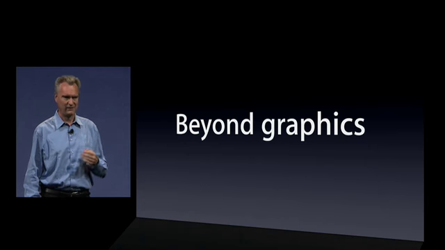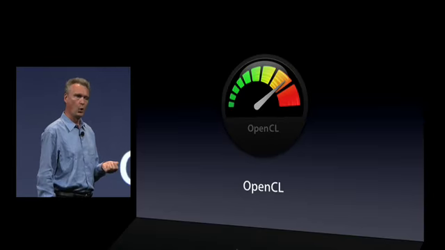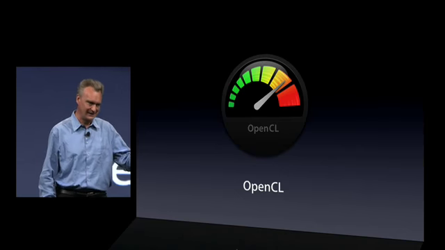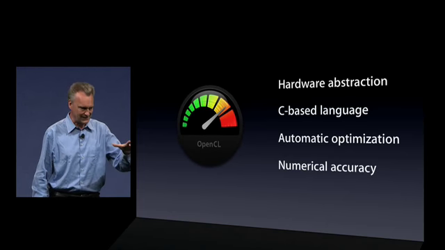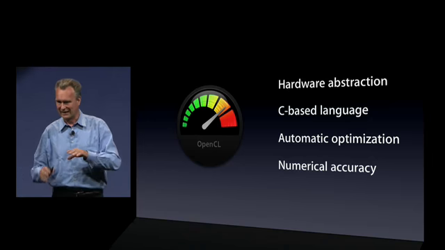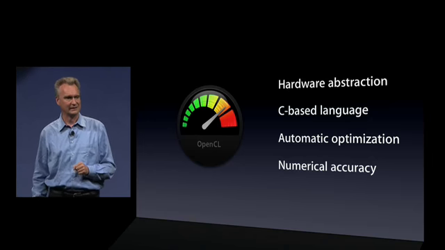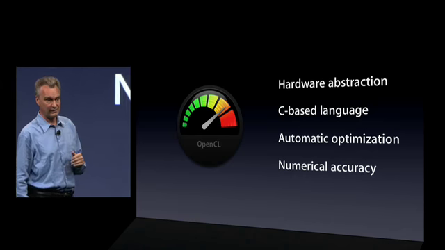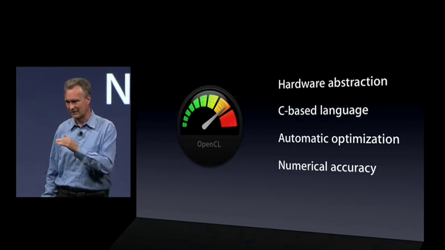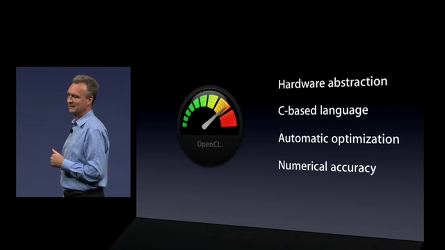And for that, we've devised a technology that we call OpenCL. The C stands for computing. It protects you as developers from exactly what card the user has. It's based on C, so there's very low learning curve. It uses sophisticated compilation techniques to optimize.